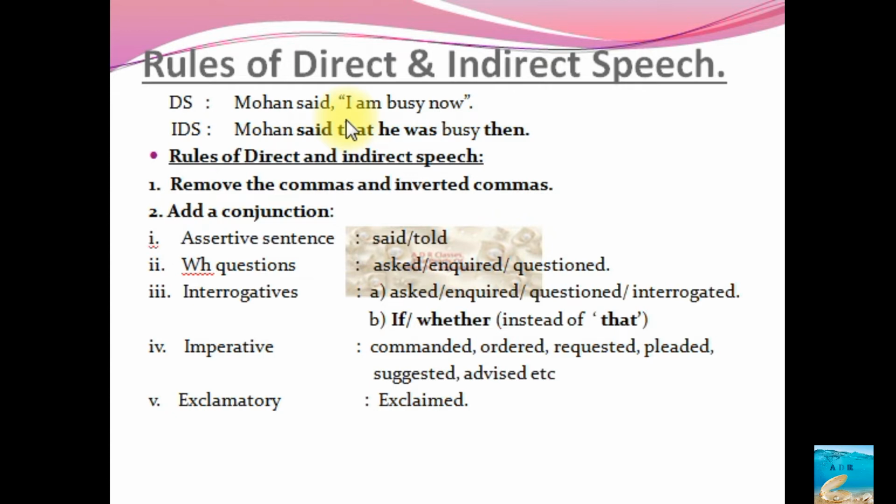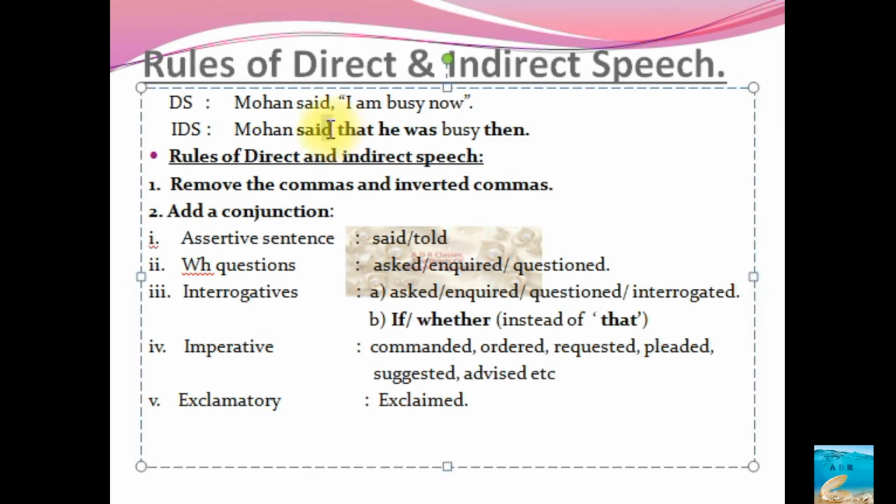Add a conjunction. I need to give a specification here, because the word said is not a conjunction. It is a verb. Then why have I used the word conjunction? It is called either a verb or a conjunction.